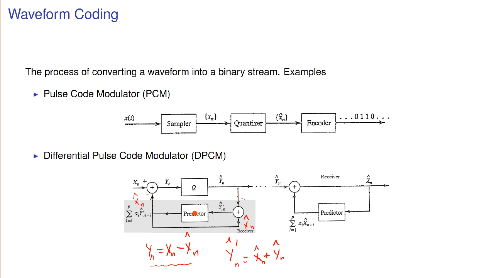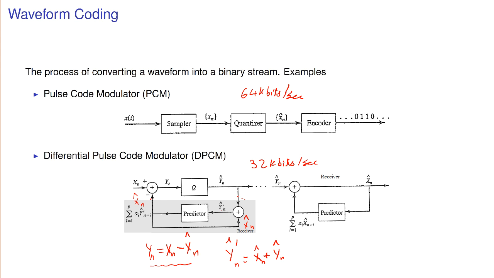How is this predictor designed? Usually they design an adaptive filter, an intelligent system. Sometimes they do something trivial, which works much better. For instance, for audio signals, DPCM using 32 kilobits per second gives you quality equivalent roughly to 64 kilobits per second.